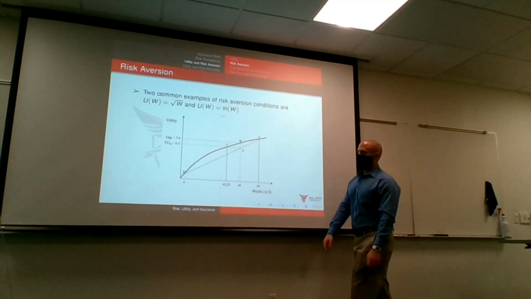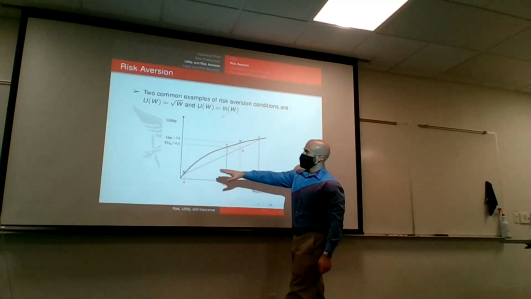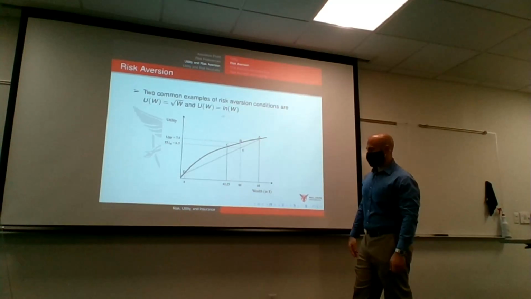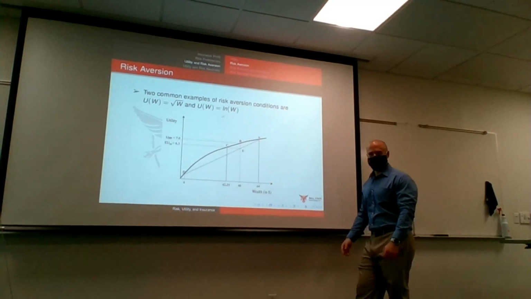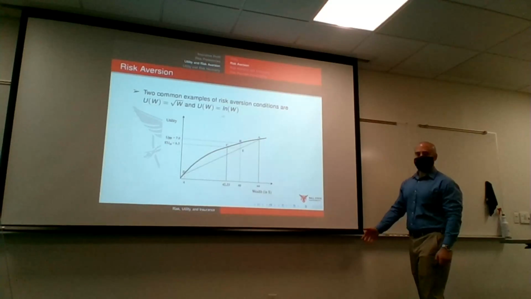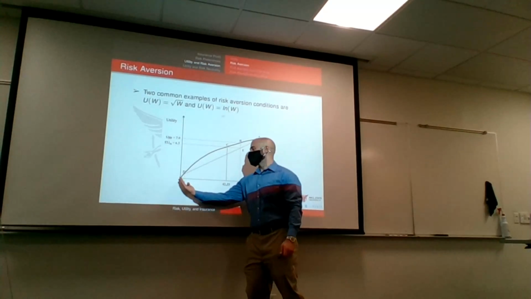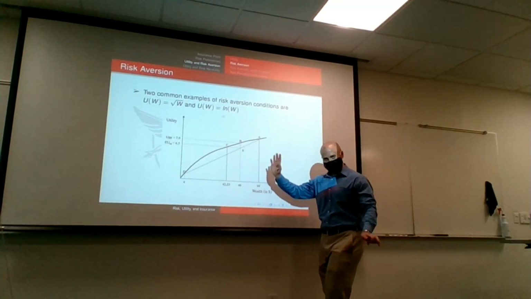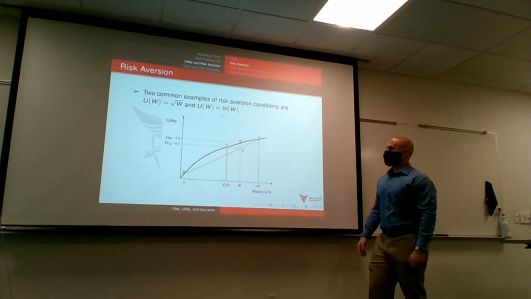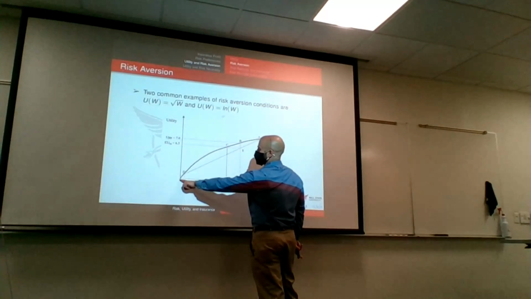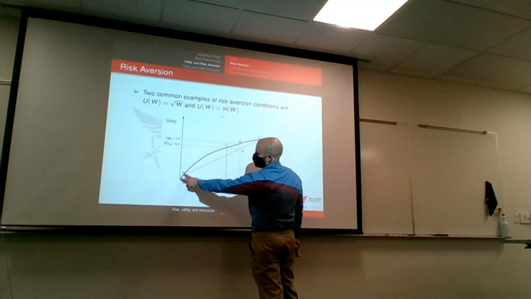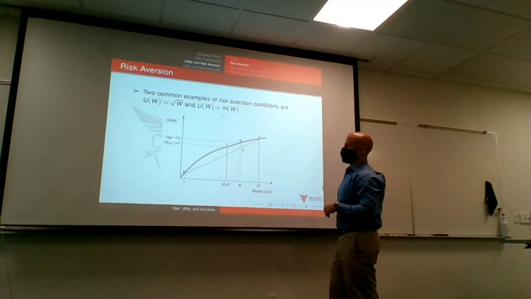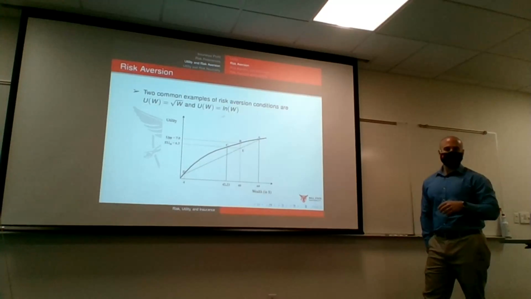All I want you to get from this now is that we have our utility, which is a function of wealth, on the vertical axis, and the actual wealth on the horizontal axis. And what do we note about this? Yes, as we increase wealth, utility is continuously increasing, but not at the same rate. Look from point 0 to D. That's a pretty high slope. Then from point B to A, not so much. So that delta decreases.